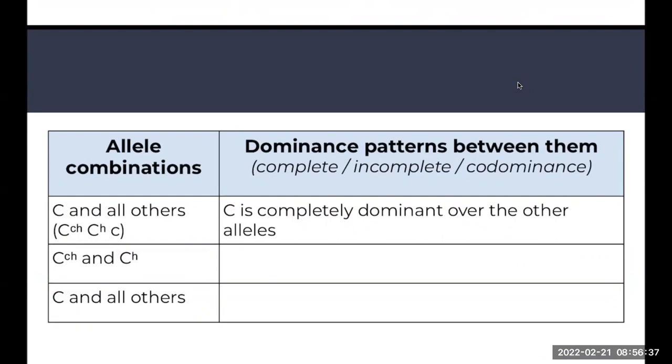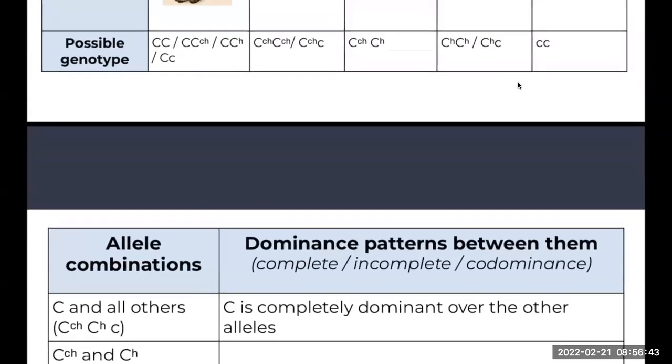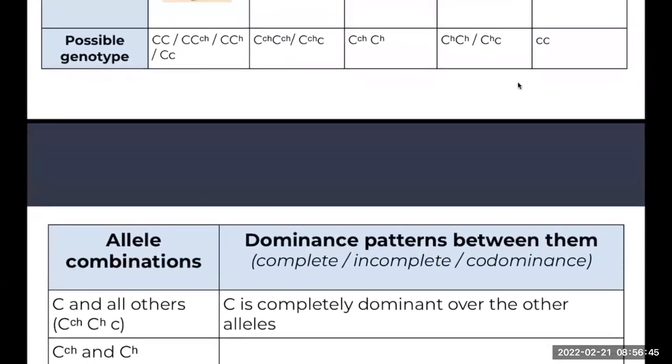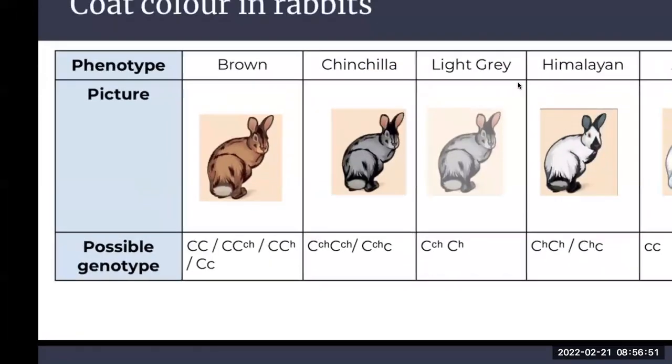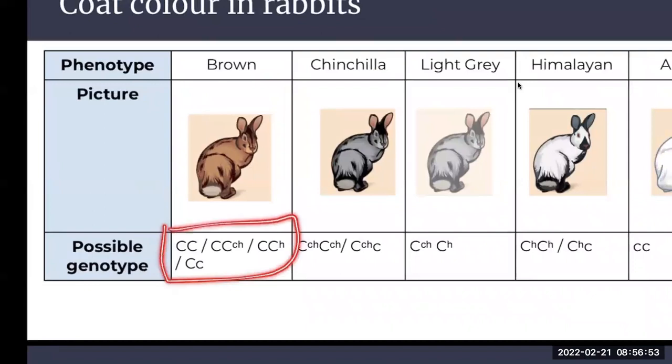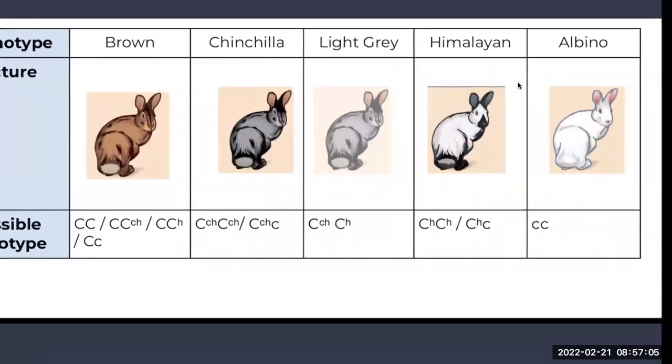Okay, assuming that you've done it and tried it on your own, here's the time for answers. Now, if you look at the table, you can see that whenever a big C is there, for example, this situation, you'll definitely get a brown rabbit. And that shows you that the big C is dominant over any other alleles.